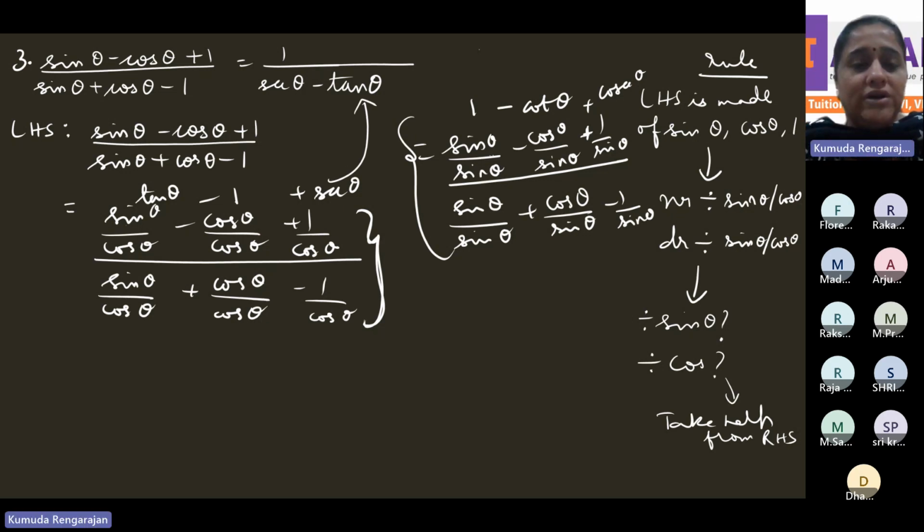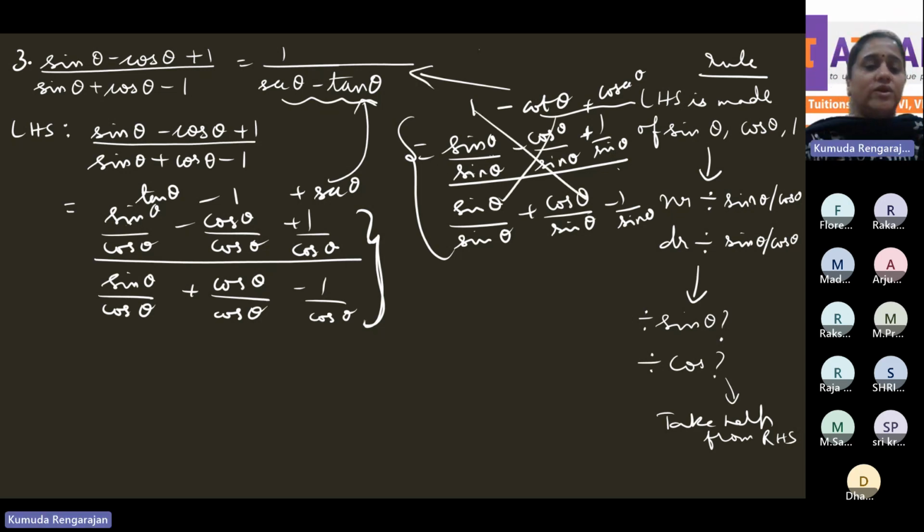So we decide to divide the numerator and denominator by cos theta and not by sin theta. If you divide by sin theta, it's not that you're wrong. That is for a different identity. For this identity, you need to get secant and tan. But if you divide by sin, you're getting cot and cosecant, which is not in the RHS. So we are not doing this, we are doing this. Am I clear, children?